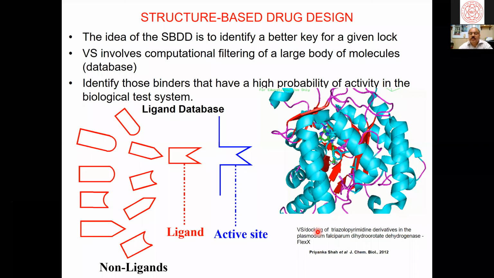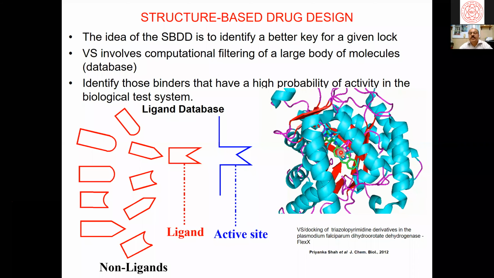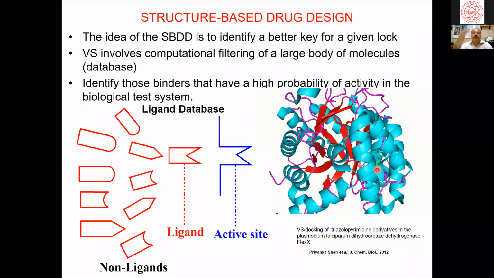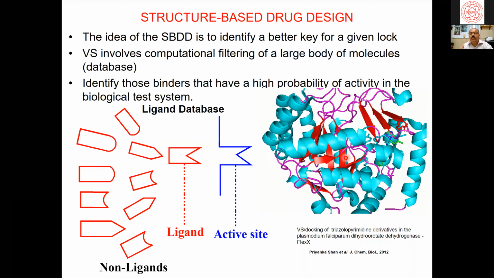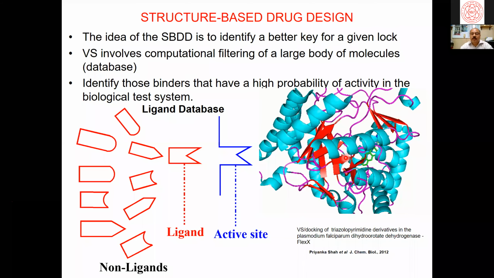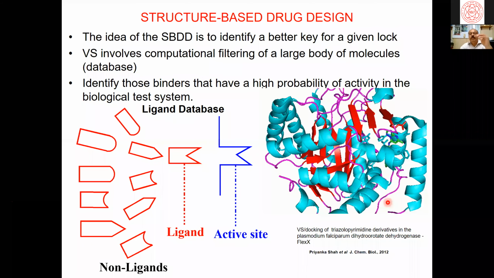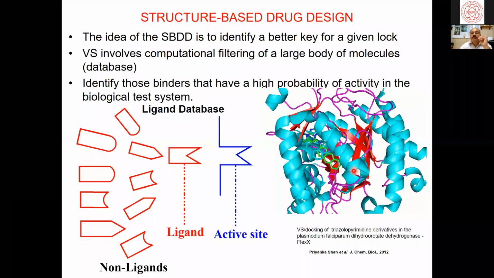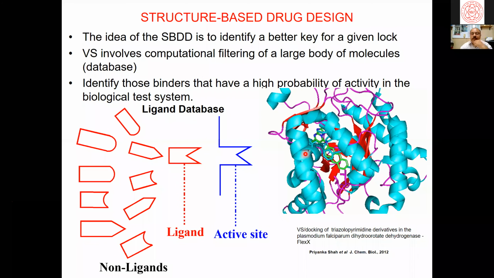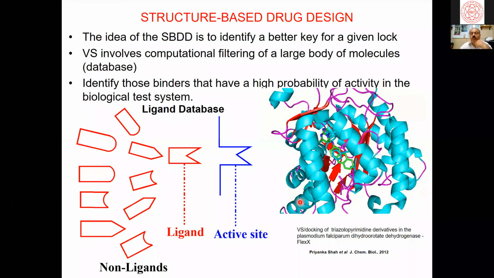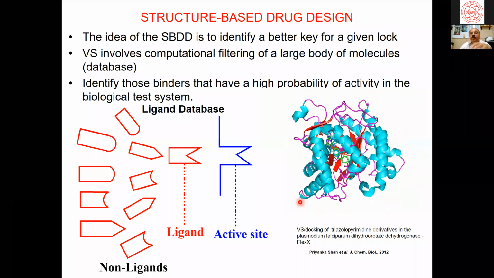In this case it was FlexX, so it used a certain scoring function and then ranked them on the basis of how well they fit the protein. This way, you can prioritize the molecules which have the potential of showing better activity in an experimental system. This is how you rationally identify molecules from a huge library of molecules.